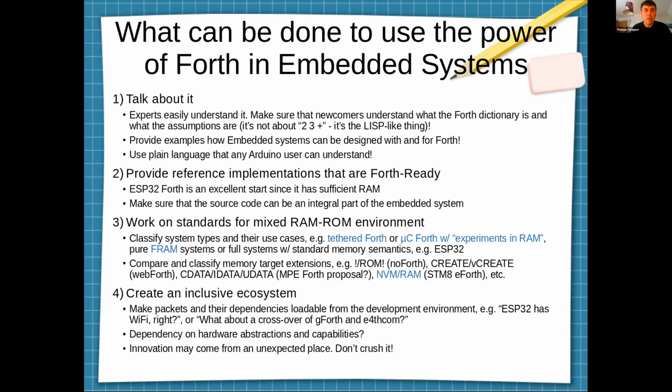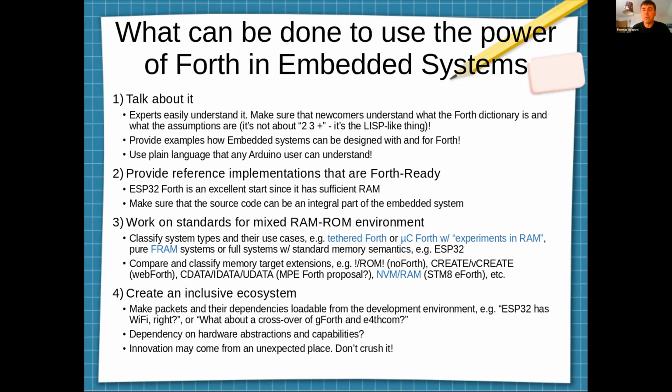Then compare and classify memory target extensions for different Forth dialects for embedded systems, like the ROM and ROM bang in OForth, the create and vcreate in WebForth, or the C data, I data, U data approach that came from MPE Forth.